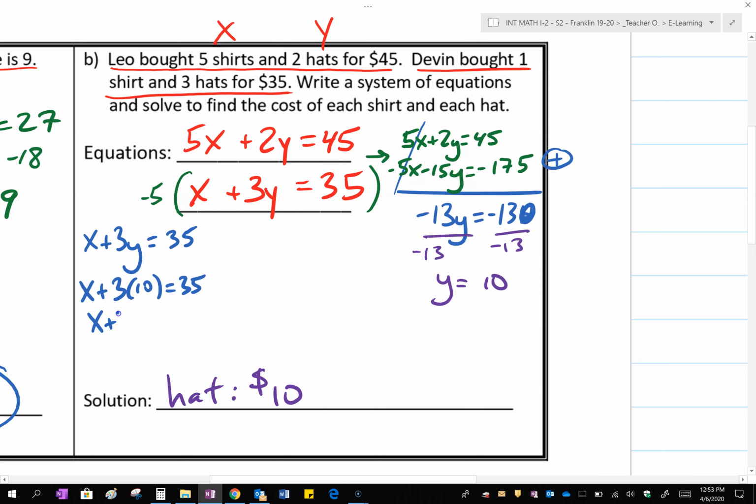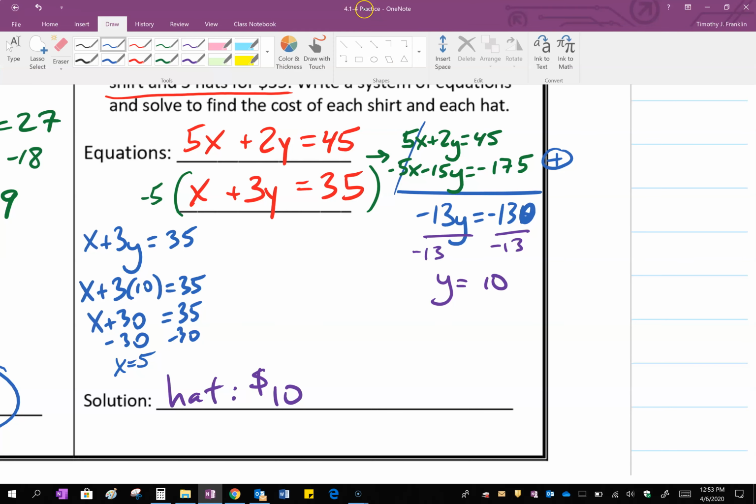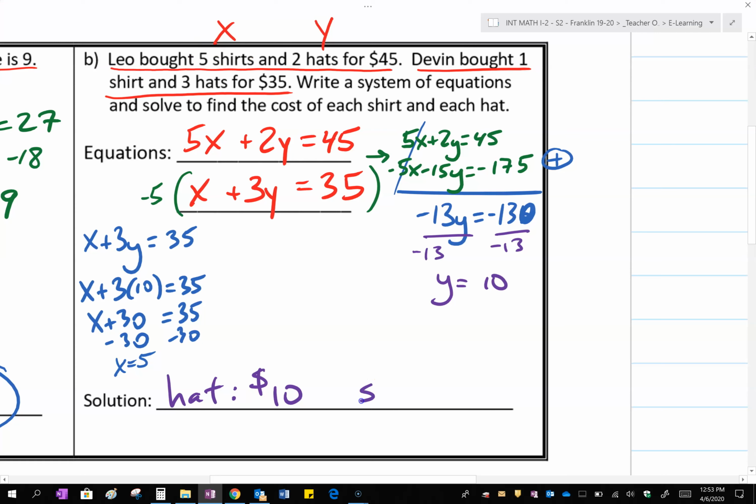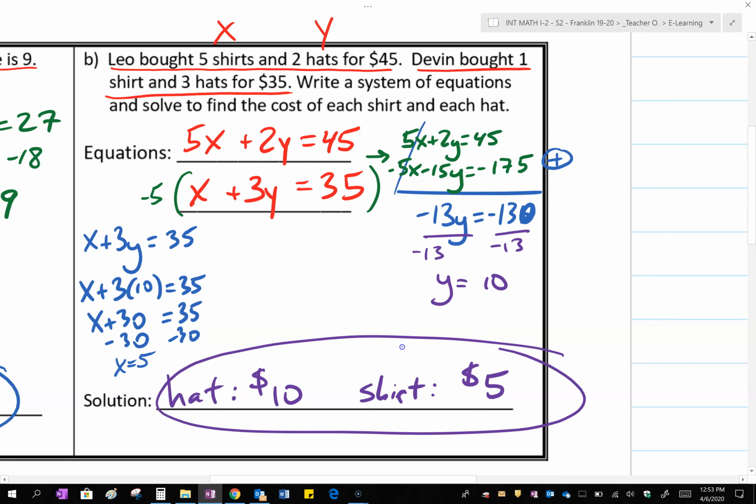So x plus 30 equals 35. So subtract 30, and we know that x equals 5. So if hats are $10, that means that each shirt is $5. And there's your solution for the second one.